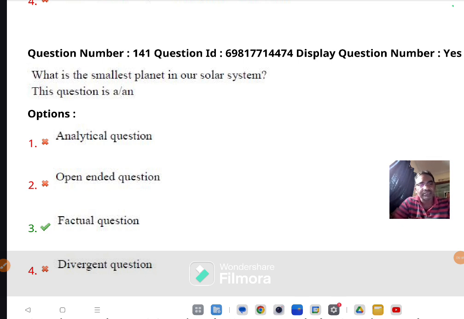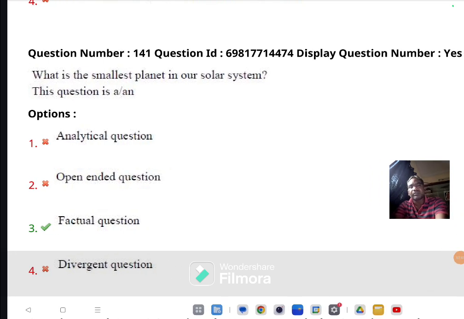As a language teacher, how do you prepare questions? You must know about preparing questions. You must know the types of questions: analytical questions, open-ended questions, factual questions, divergent questions. What is the smallest planet in our solar system? This is the question.